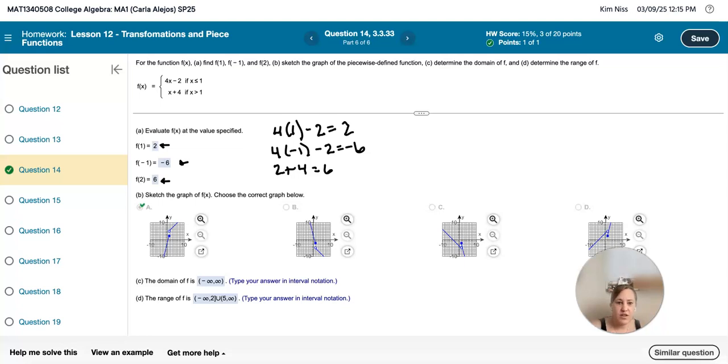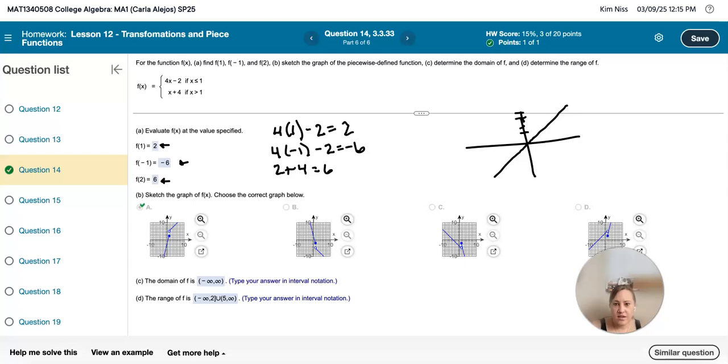So the graphs can be a little bit tricky, but what I suggest is to think about what your graph would actually look like. So a line y equals x, that's just a line through the origin. And so then you have to evaluate x greater than 1 and plus 4. So you're going to move up 4 units.